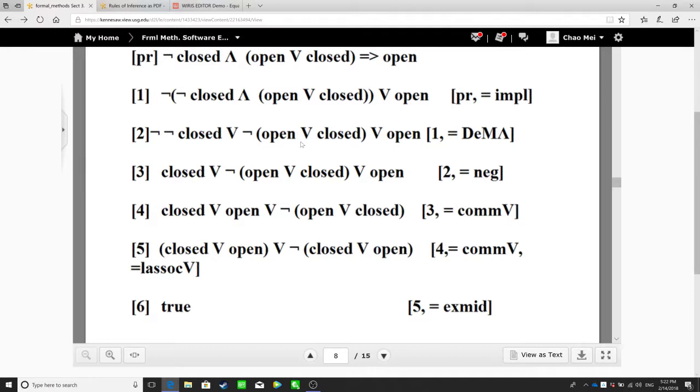First we put negation inside, and we change this conjunction to disjunction, from expression 1 to expression 2. Okay, we're clear. And then from expression 2 to expression 3, we eliminate this negation.